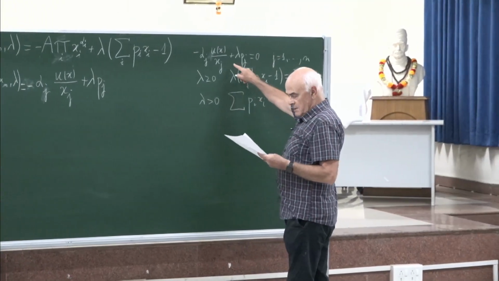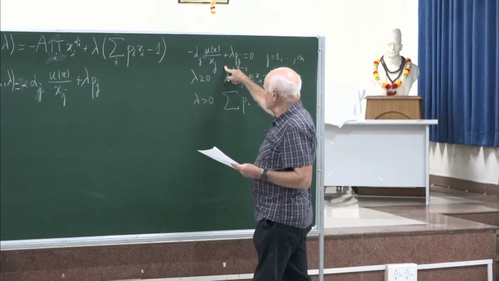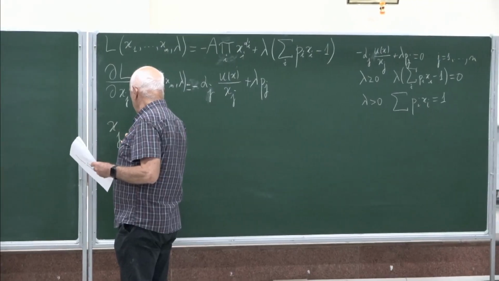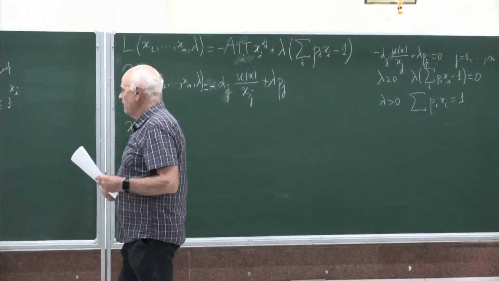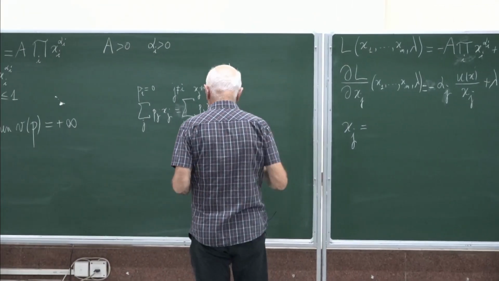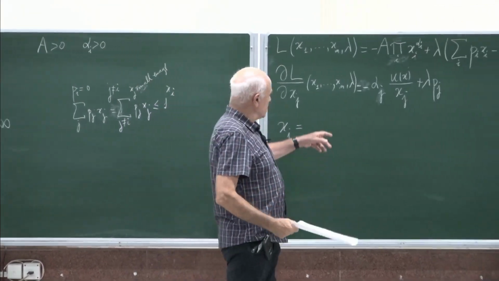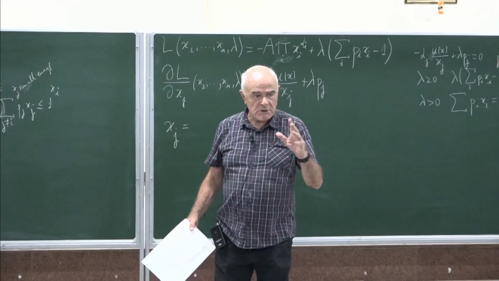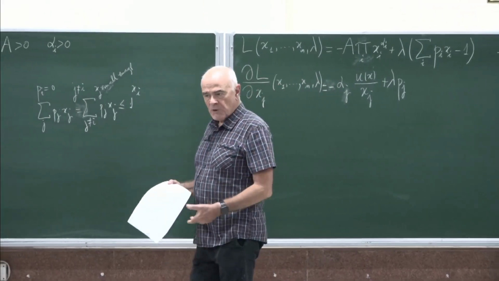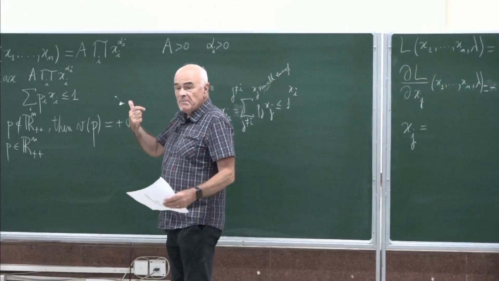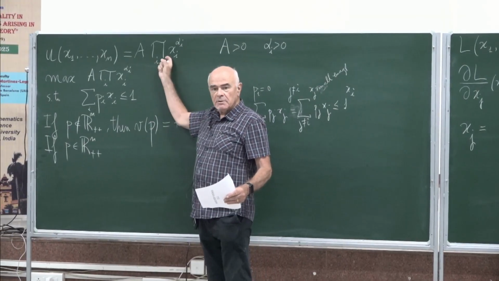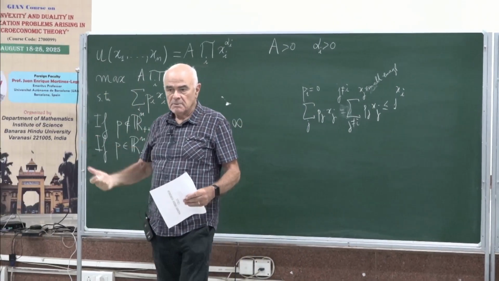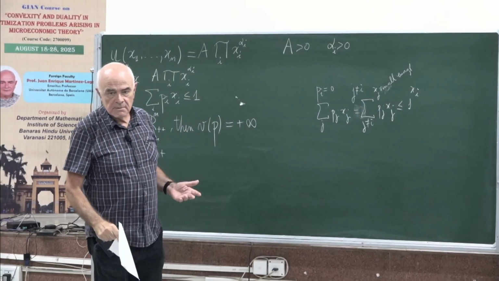Now from this equation we obtain xj. I mean, was it clear why xj is different from 0? Because it's optimal. It is part of an optimal solution. And if some xj is equal to 0, the objective function takes the value 0, which is not optimal in any case.